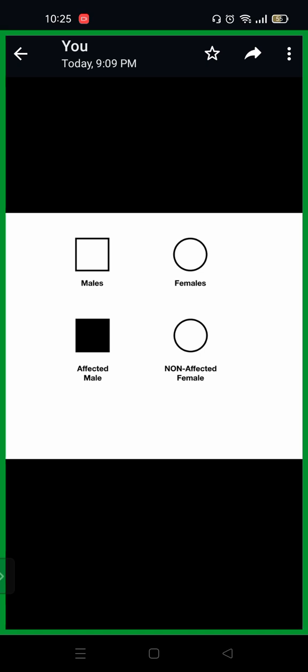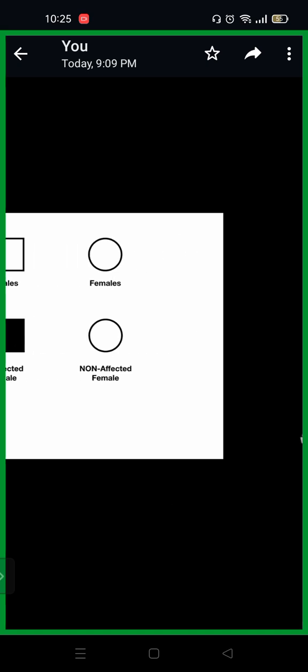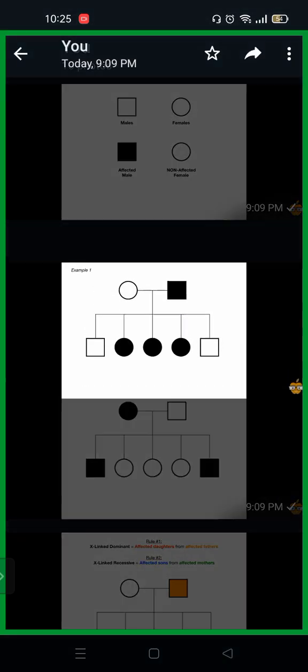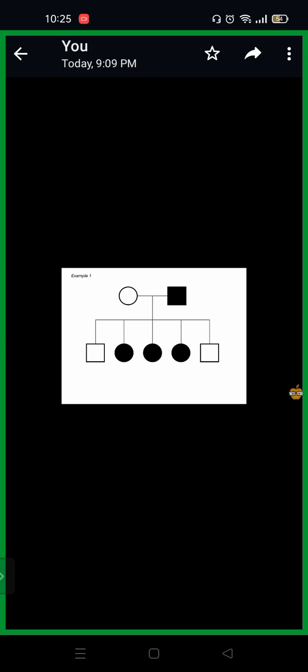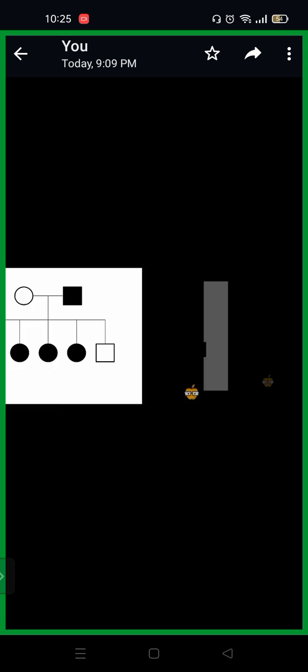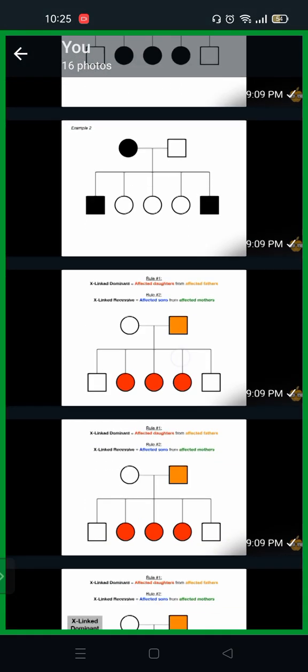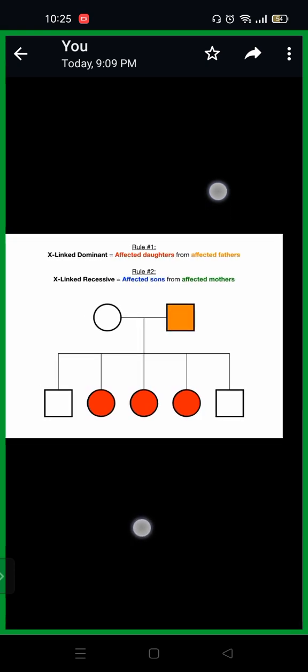If affected, then it is fully shaded. If half shaded, then it is the carrier. Next picture. These are examples I have kept for the mock test in the next session.